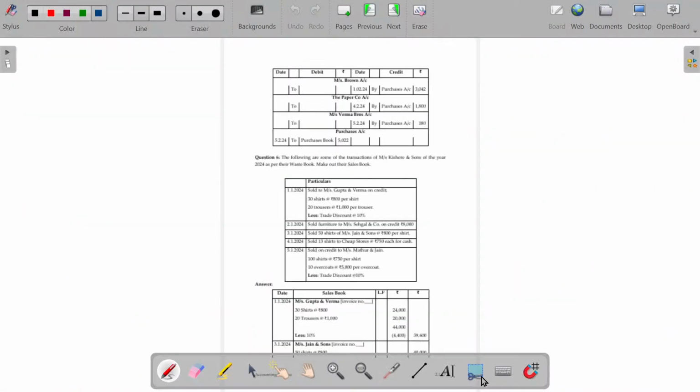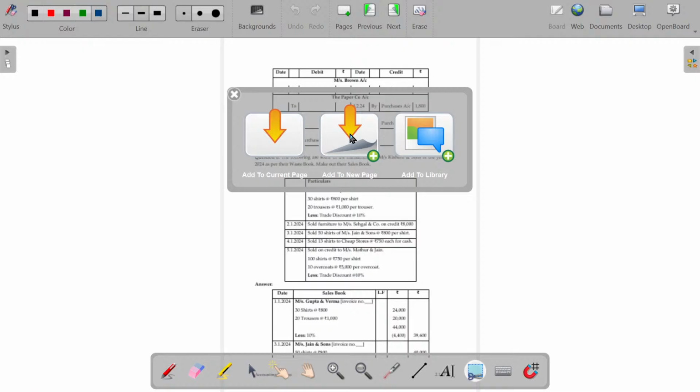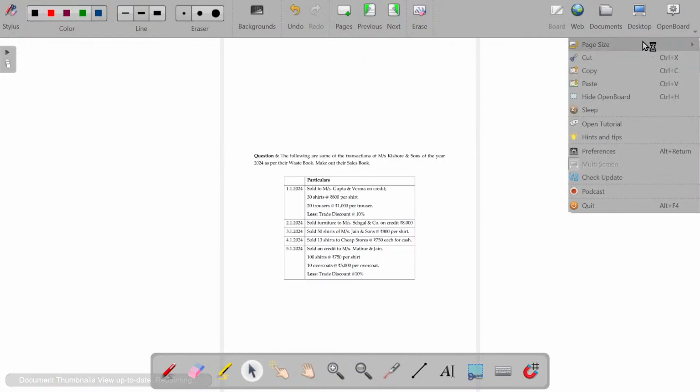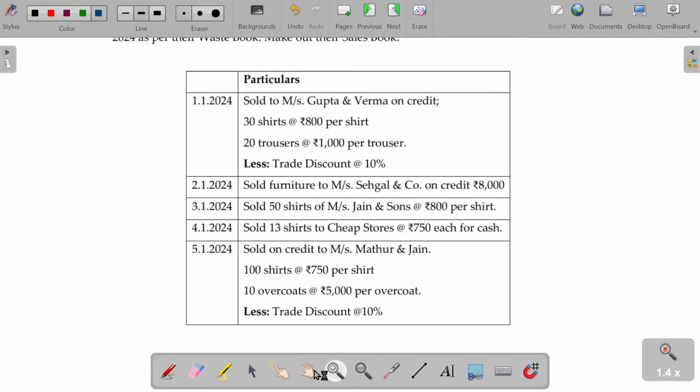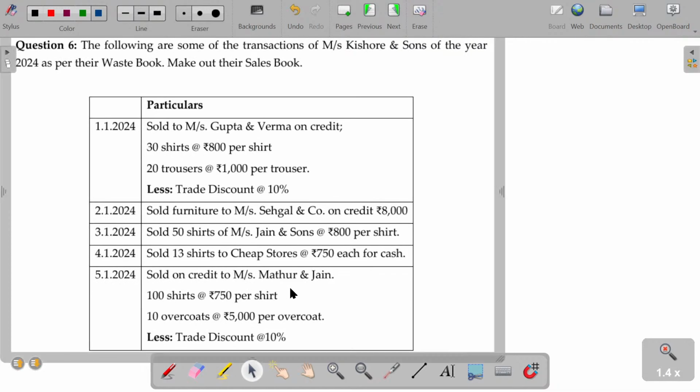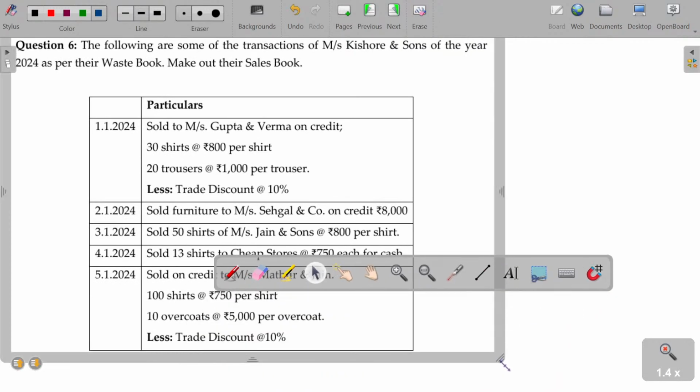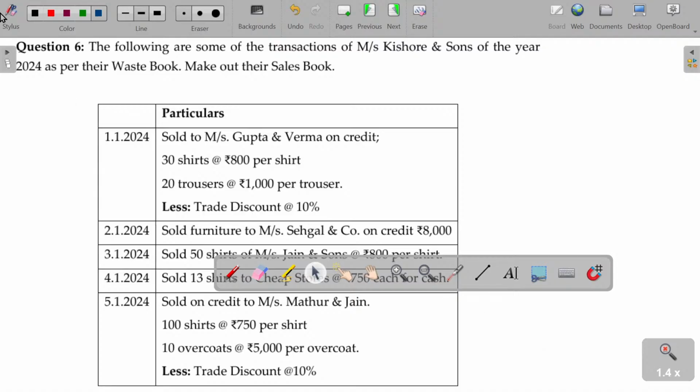Question number 6 is all about the sales book. Let's try to solve this one now. Question number 6. Hope you are able to read this.